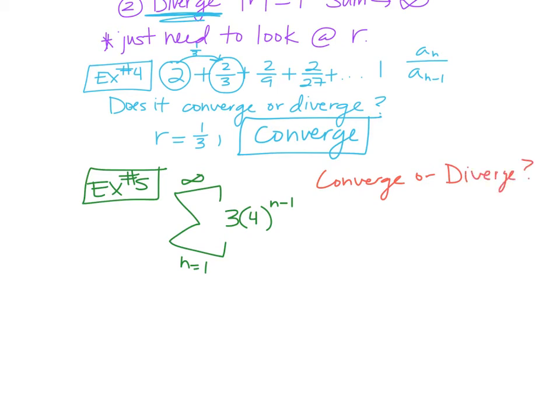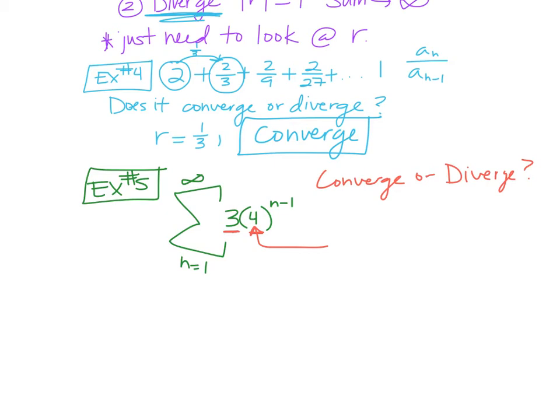Okay, well, if you look at this, we have to figure out what our R is. And if you think about the setup of this, this is like our exponential growth and exponential decay, right? Our first term and our common ratio. So all we're really looking at is this number. Okay, that's our common ratio. That's our R, if you go back to your geometric formula.